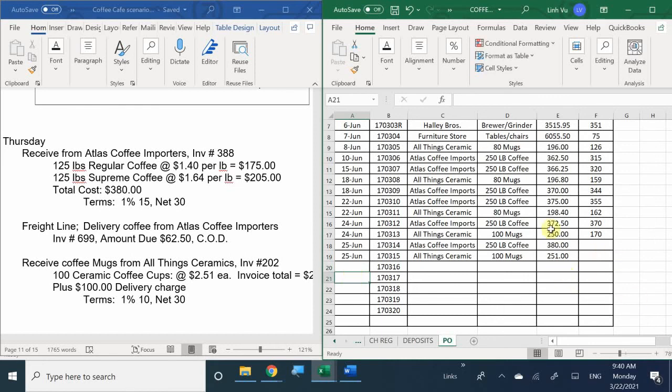Okay, so we are looking up here. 380 was the amount in our invoice. So we verified that we got the coffee with invoice number 388. Okay.